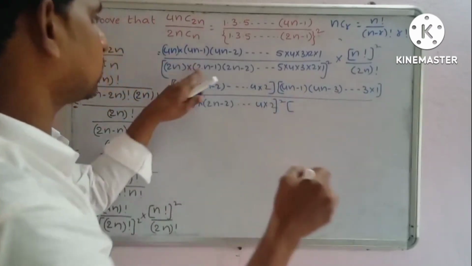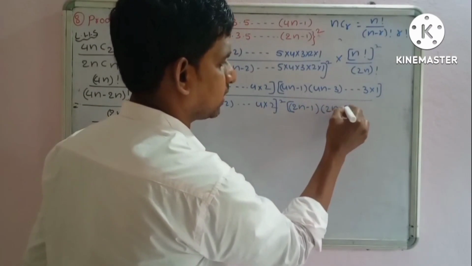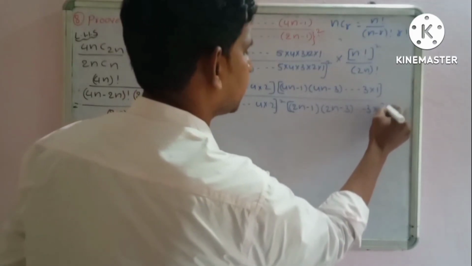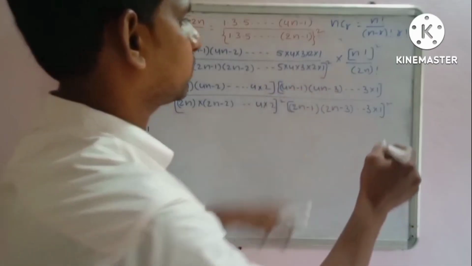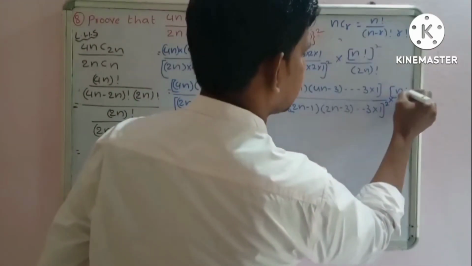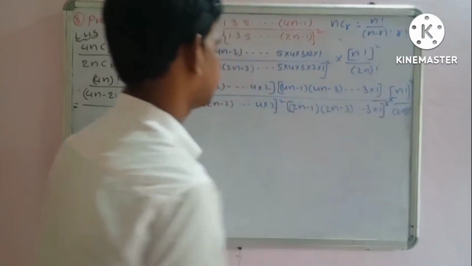Odd terms: 2n minus 1, next odd term is 2n minus 3, and so on up to 3, 1. Here also square, so square into n factorial whole square by 2n factorial.